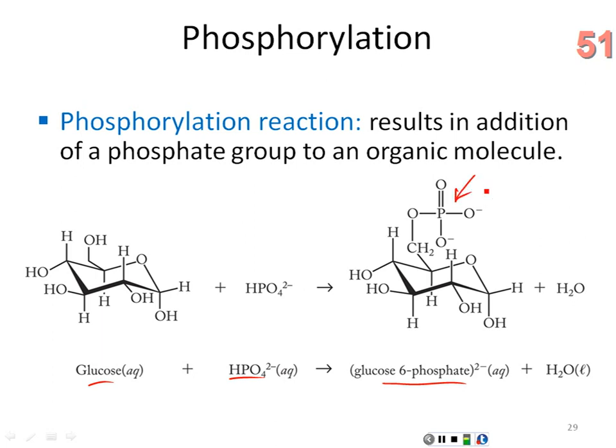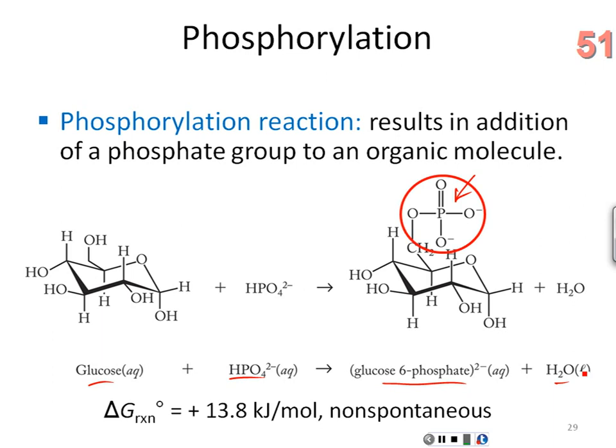And you see here the phosphate is added, and water. The delta G for this reaction, however, is a positive value, positive 13.8 kilojoules per mole. It's not spontaneous. But this reaction is required in glycolysis.